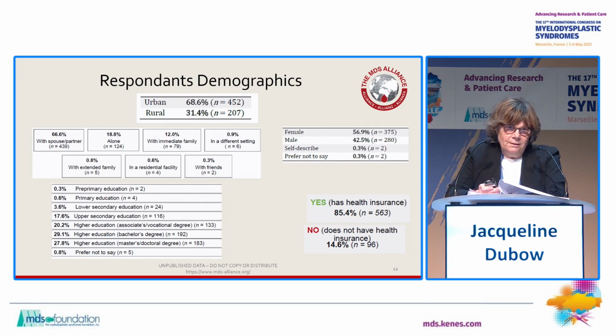We are reaching the people who are the most educated, and the people who are the most in need, we don't reach them. So there is a big effort to be done. So keep in mind that respondents for that survey were people who were fairly well educated. And you can notice that 27.8% had higher education, at least master or doctoral level.